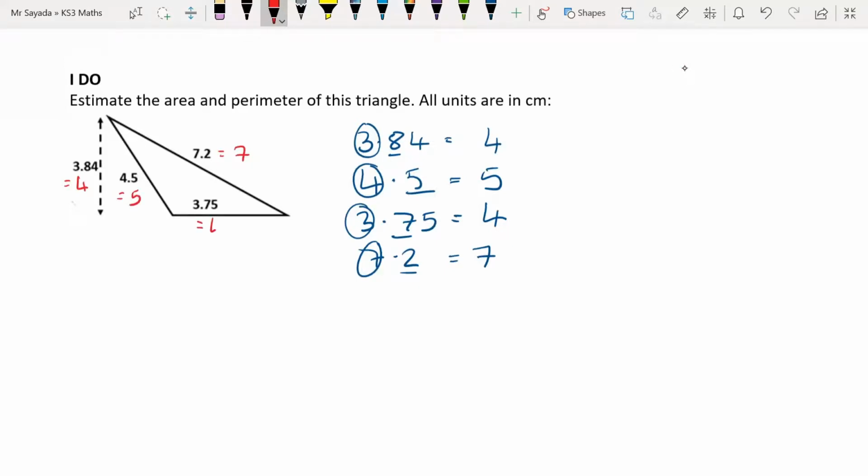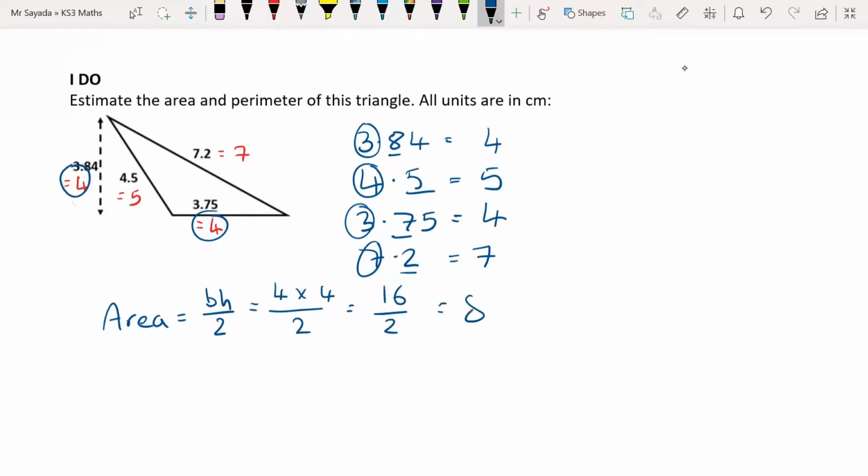And now that I've done that, I can do the area and the perimeter of a triangle in the normal way. So the formula for the area of a triangle is base times height over 2. So the base here is 4, that's the base. The height is also 4, that's the height, over 2. That's 16 over 2, which is 8.